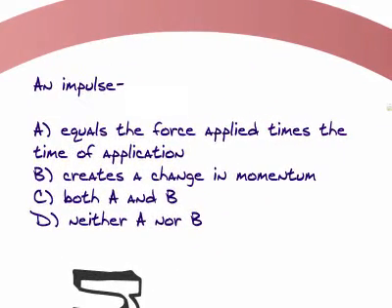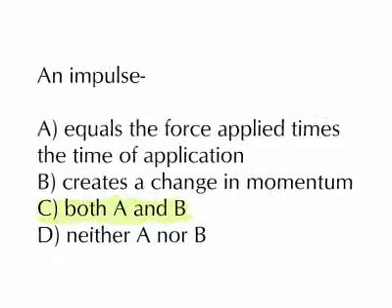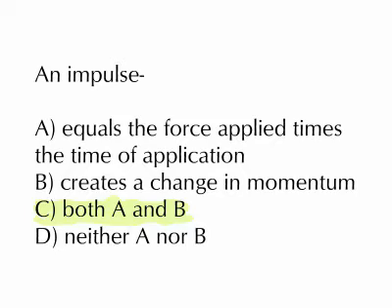How about this one? An impulse equals the force applied times the time of application, creates a change in momentum, both A and B or neither A and B. What do you think? If you guessed both A and B, I think you have a good understanding of impulse, because impulse is the force and the time of application, and it does create a change in momentum.